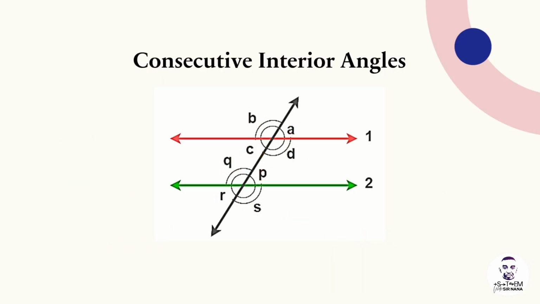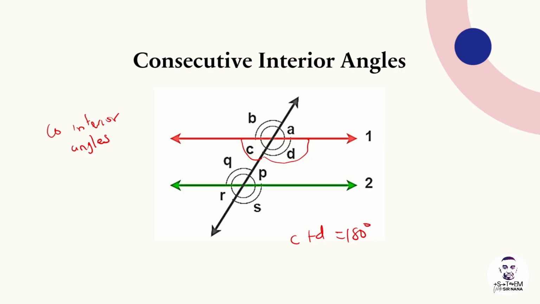And then we also have consecutive interior angles, or some people call it co-interior. So co-interior angles, right? So we are looking within, on the inside. So when you have an angle on the inside here and an angle on the inside here, they form an angle on a straight line. So we can say that C plus D is equal to 180 degrees.